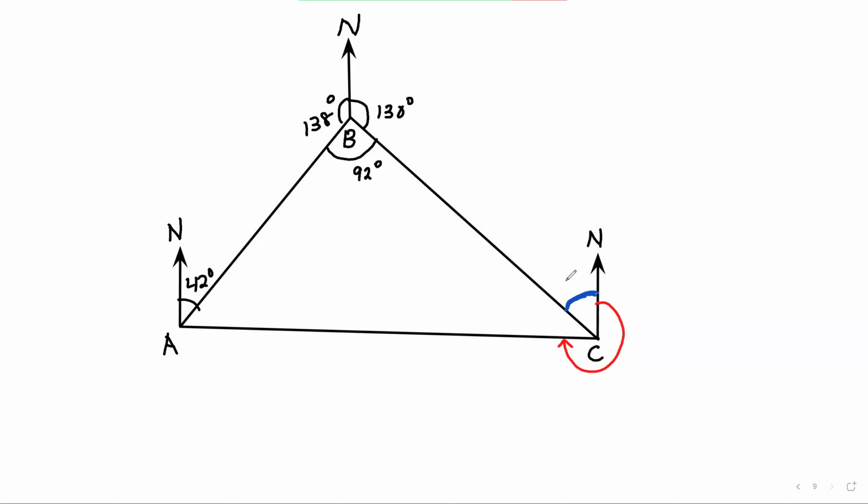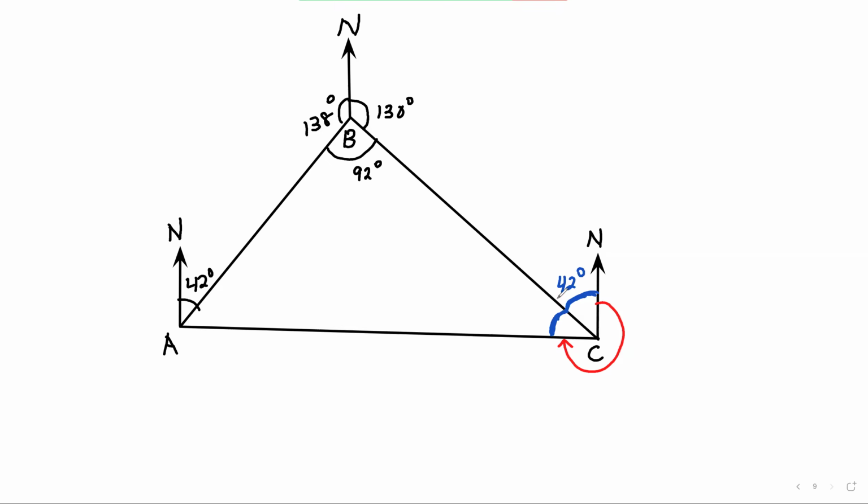So here is also 42 degrees. Now, in order to find out what the bearing is, that outer angle, I would need to know what this inner angle here is. The reason I need to know that angle is because the three of them will add up to 360.